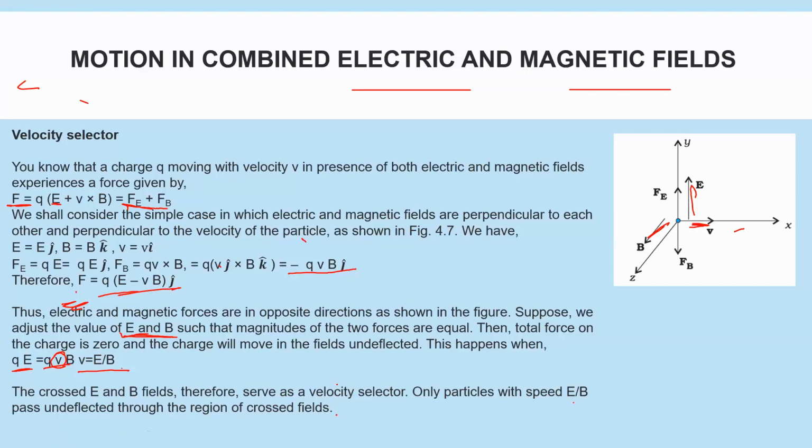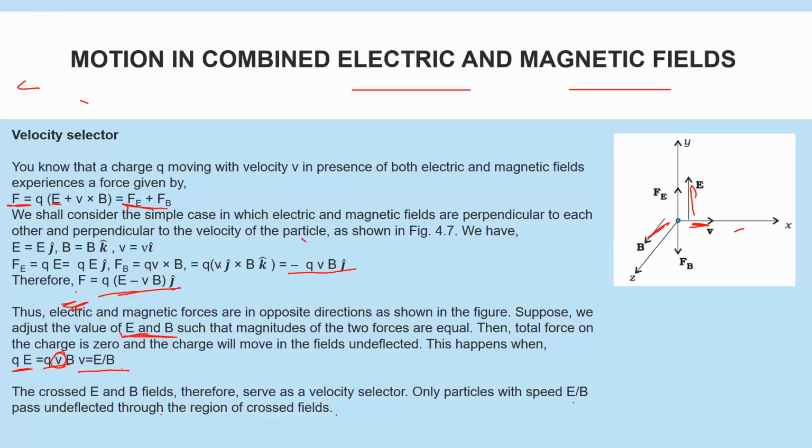Okay, so this is what we understand. Suppose we have a beam of charges which are moving at different speeds. Then using this equation you can determine the one velocity at which a particle will pass undeflected.